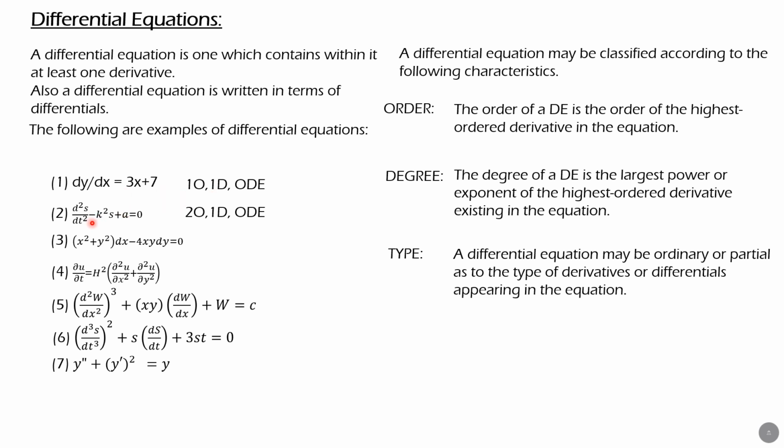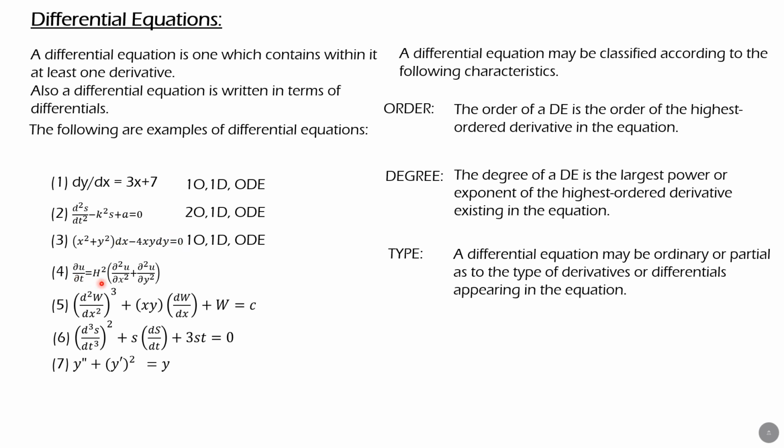This one is second order because we have the second derivative of s with respect to t, and first degree because this is the highest order derivative and its power is 1, and it is also an ordinary differential equation. The third example, although written in differentials, is a first order and first degree ordinary differential equation.